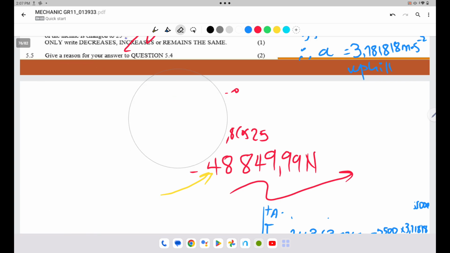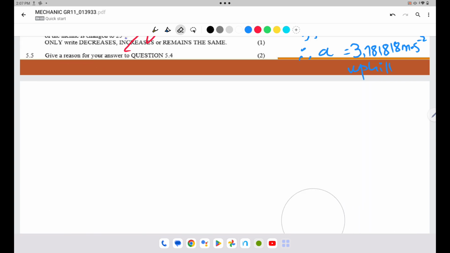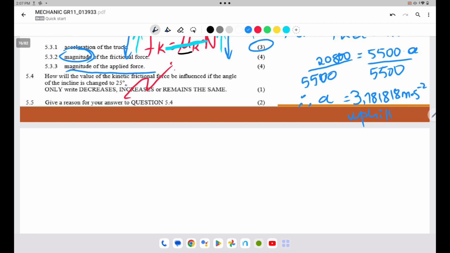So you can do this aside for yourself, because when we give these reasons, we don't want calculations. So your answer to 5.4 is that fk will decrease. We were asked to choose there. And then if you look at 5.5, 5.5 says give a reason for your answer.